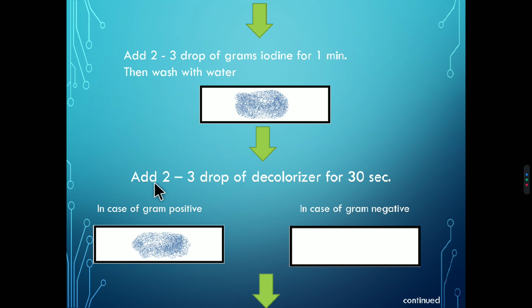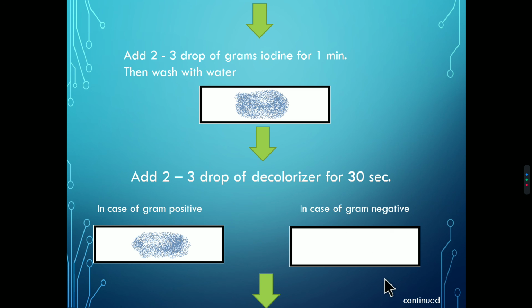Then add 2 to 3 drops of decolorizer for 30 seconds. Decolorizer contains 95% ethyl alcohol. In the case of gram positive, the color is not removed, and in the case of gram negative, all color is removed and the smear becomes transparent.